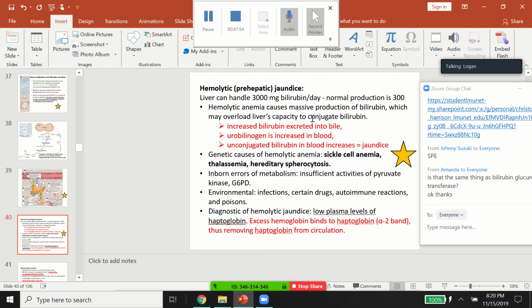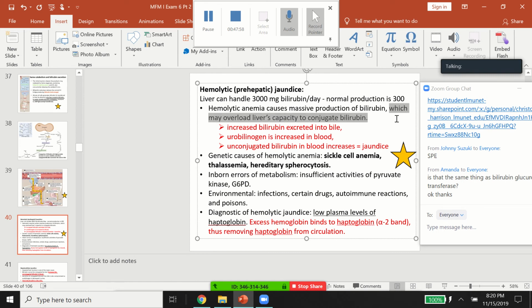Therefore, you're going to have a whole bunch of heme that you need to get rid of, and therefore you're going to have bilirubin. But the thing to notice is that if you have too much bilirubin, you could overcome the liver's capacity to turn it into conjugated bilirubin. You've made too much bilirubin, so you're not able to make it water soluble.